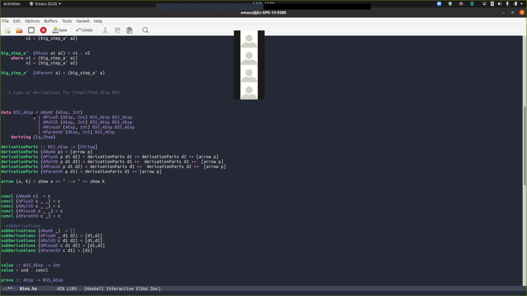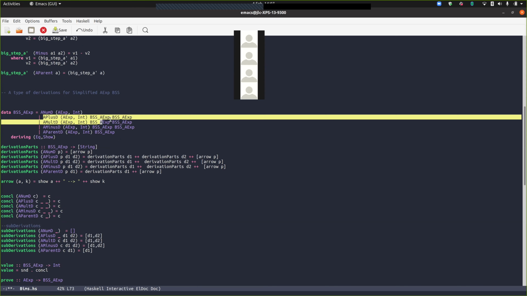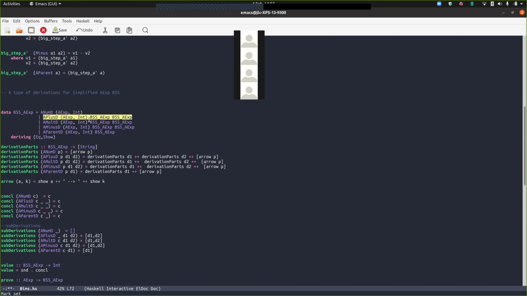And so here's another node in the proof tree where the conclusion is this A expression goes to some int. And then for plus, we have the proof of the left subtree and the proof of the right subtree. So let me see.